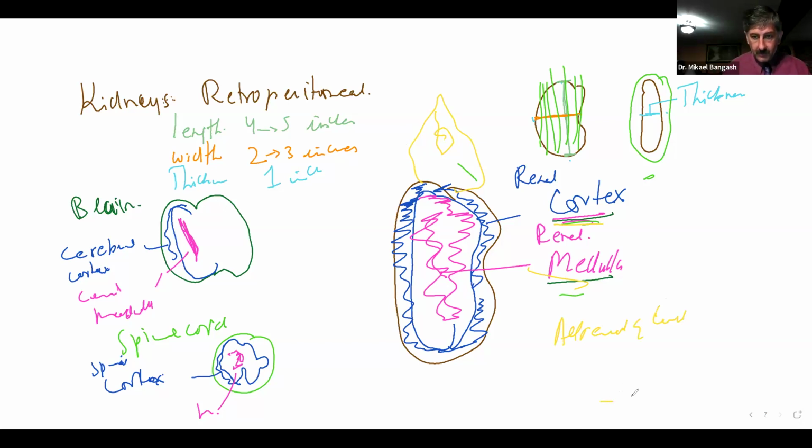So when we look at the adrenal gland, for instance, the outermost layer is still called cortex, the adrenal cortex. And the inner is the medulla, or more correctly, the adrenal medulla.